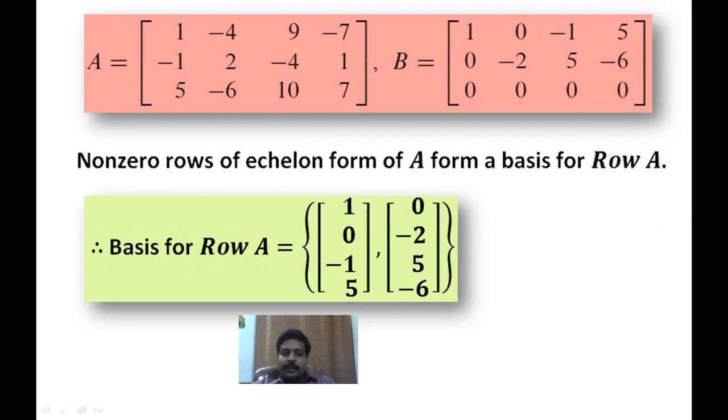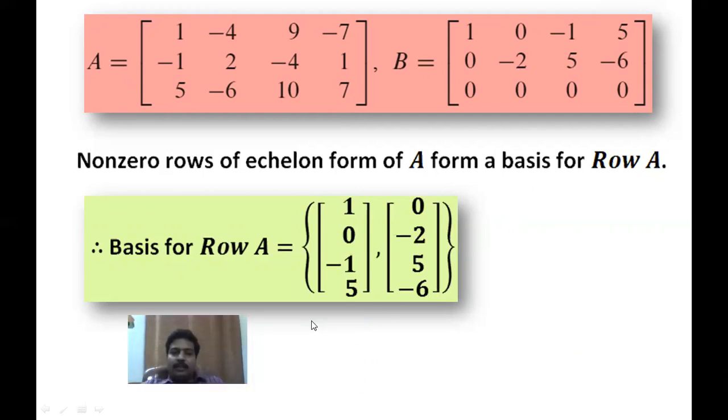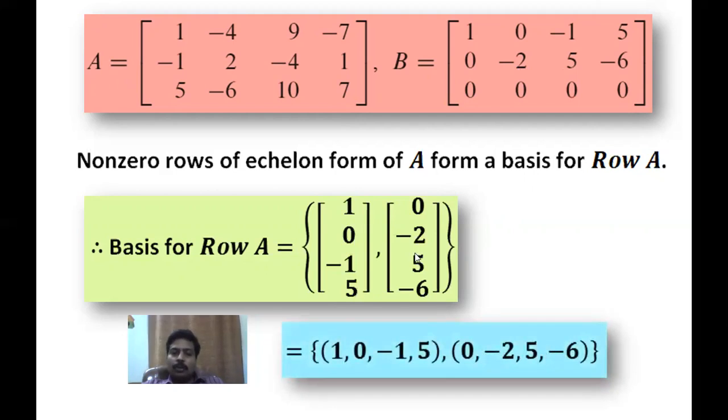We have already discussed that for convenience, sometimes we write this in this form also. Both are the same. That is equal to the set of 4-tuples (1, 0, -1, 5) and (0, -2, 5, 6, -6). So we can write it in any way. Again, we can observe that there are two vectors in the basis of row space A, so the dimension of row space A is 2.